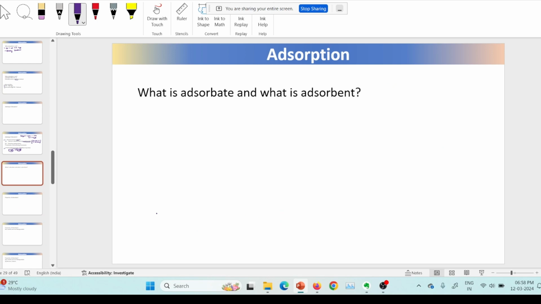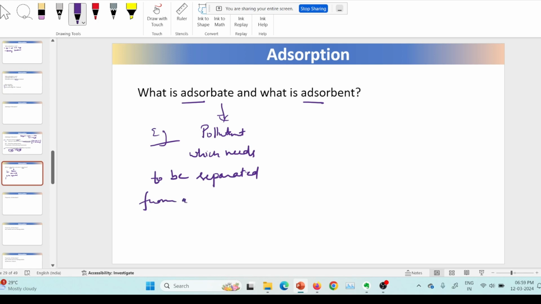So what are adsorbate and adsorbent? We'll see with an example. Adsorbate means the pollutant. In simple terms, I will say it is the pollutant which needs to be separated from a fluid.